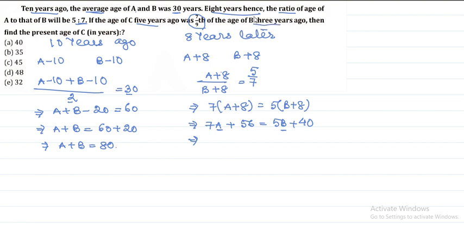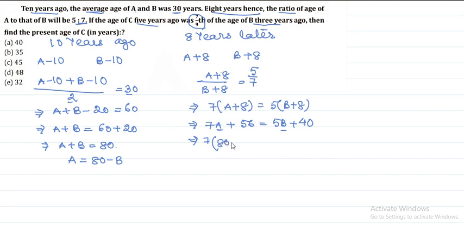So ultimately we have to find the value of B. So if we substitute the value of A in terms of B, we can find the value of B from this whole equation here. So what we want to do is find the value of A in terms of B, and that is A is equal to 80 minus B. So we are substituting that here.